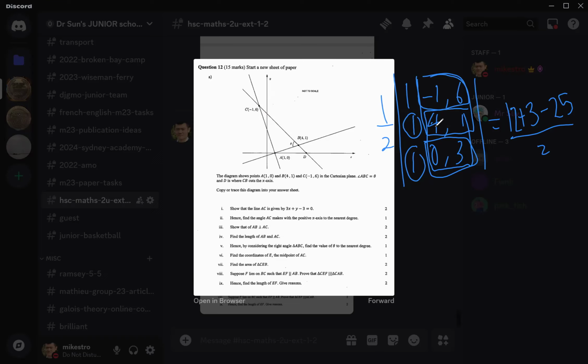You find the difference of the product of the diagonals for each box. And then the other one is negative 3. Yeah, so this is 15 minus 25 is minus 10. Is 5, yeah? So the area, take the absolute value, is 5. I mean, that's the way to do it if you have no idea what's going on. But if you see it's a right angle triangle and that's half the base.